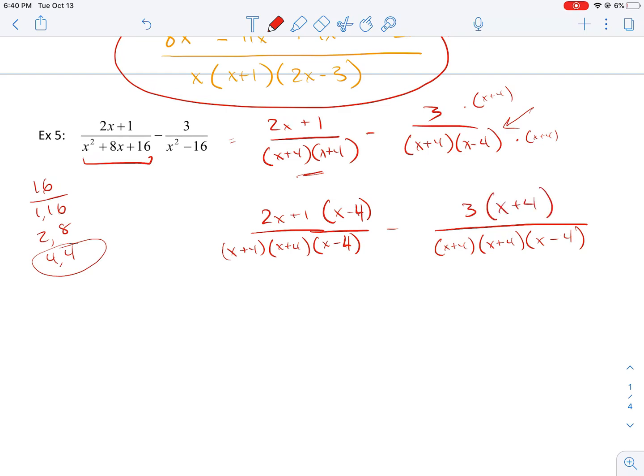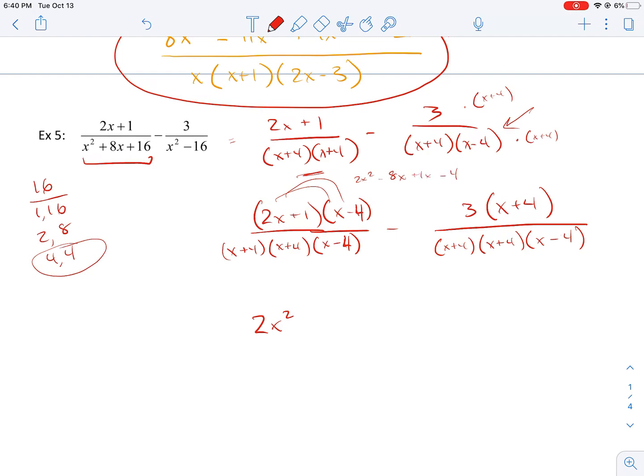Finally, let's do some multiplications here. I'm going to have to multiply this out. So it's going to be 2x squared, negative 8x, positive 1x, minus 4.